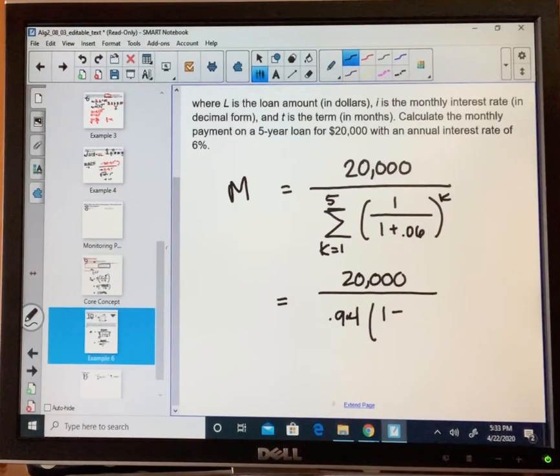So what's the rate? Well, the rate is what this equation is, so that's 0.94 to the power of k, to the power of 5, over 1 minus r, which is 0.94. So then I'd solve that out.